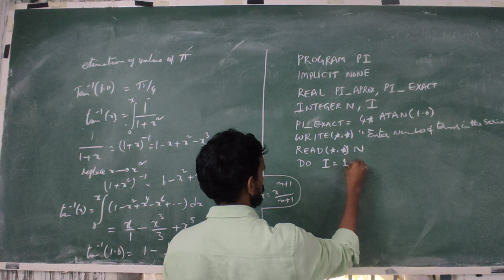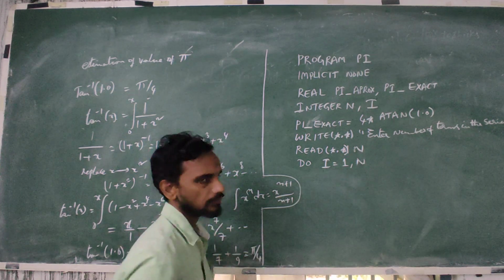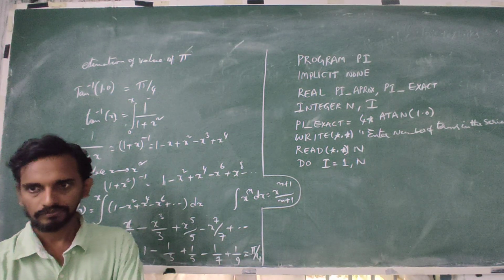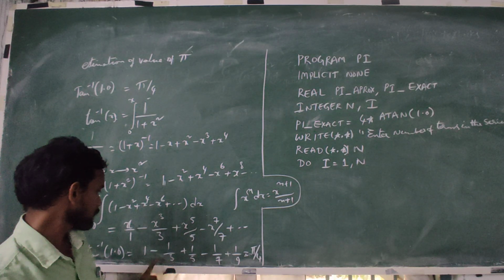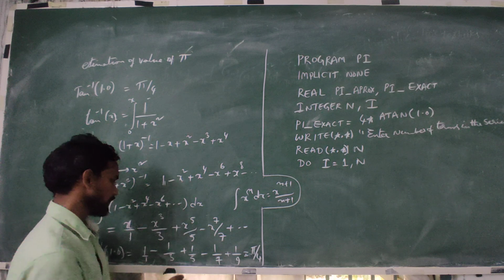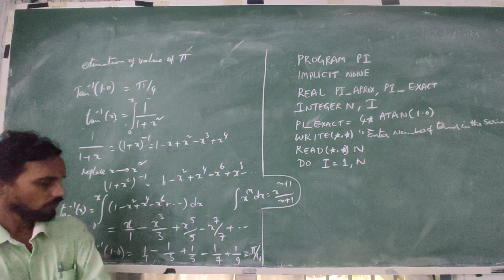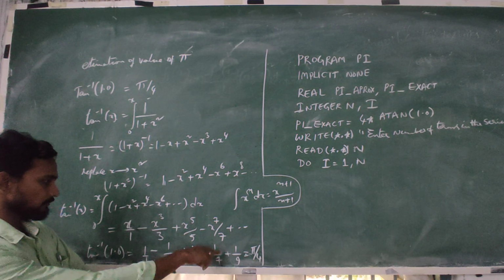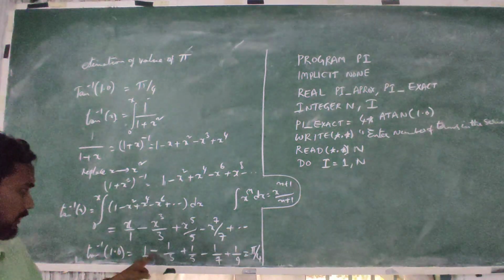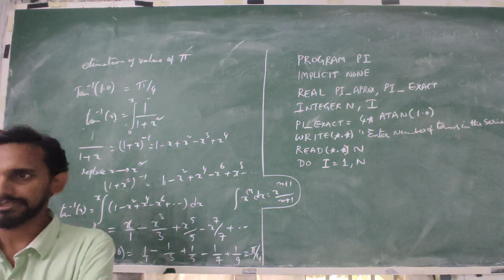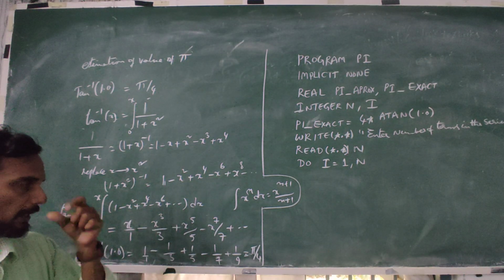I is equal to 1 comma n to generate these odd terms 1 by 1, 1 by 3, 1 by 5. Actually everything is multiplied by 4. 4 by 1, 4 by 3, 4 by 5, 4 by 7, 4 by 9, like that we have to generate. And at the same time we have to generate alternative plus and minus signs. So these two things we need to generate from that.